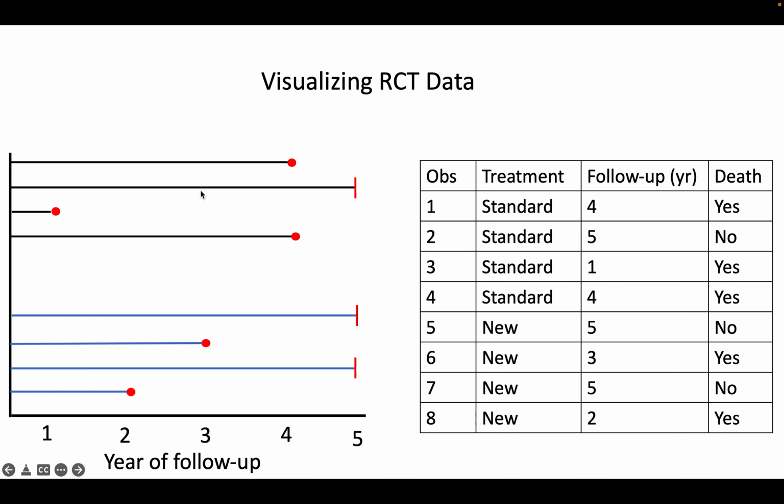For example, the second one was in the standard treatment, still the black line, followed for 5 years, and they didn't die. So basically what that tells us is after 5 years, you leave the study for one of two reasons. Either you survived or you died. So this is a dichotomous variable in that way that gives us all the information we need in only being represented as binary.